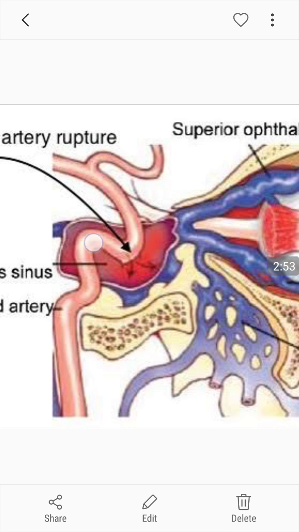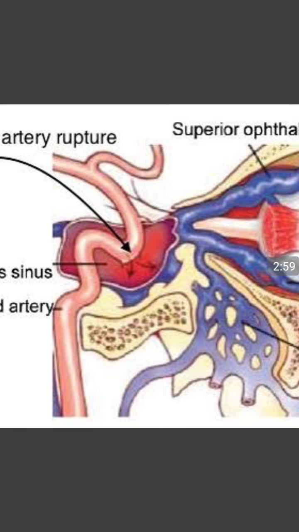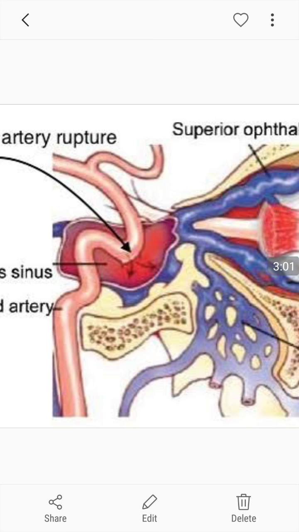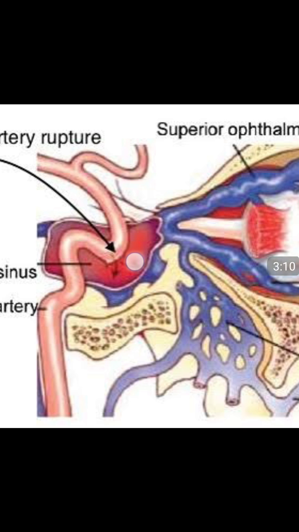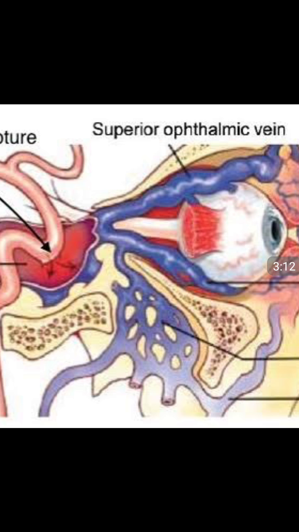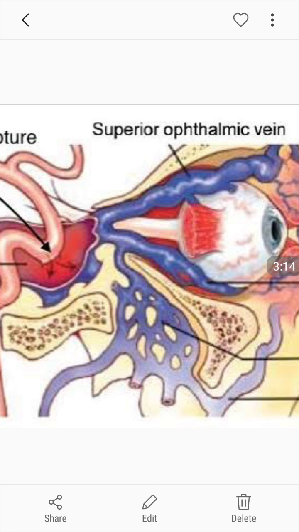The pressure within the internal carotid artery is greater as compared to the cavernous sinus, as it is venous blood. So with each pulsation, each contraction of the heart, the blood is being poured into the cavernous sinus. So the pressure within the cavernous sinus is being raised. You look at the superior ophthalmic vein shown above in the orbit, and this is the inferior ophthalmic vein.